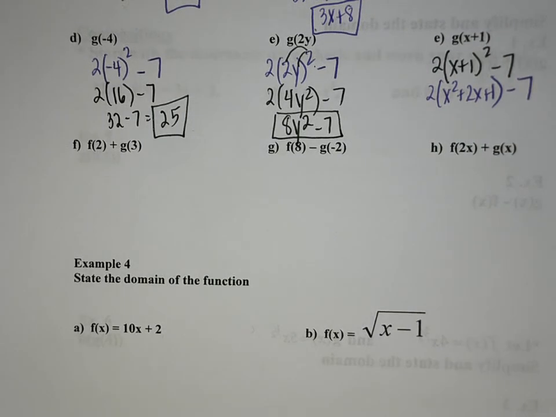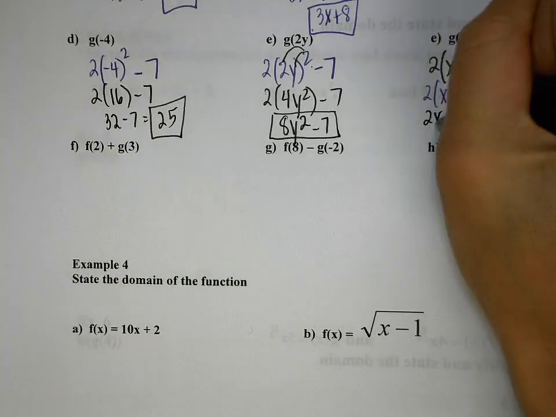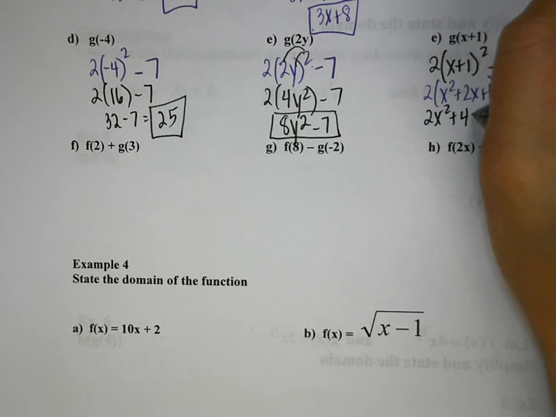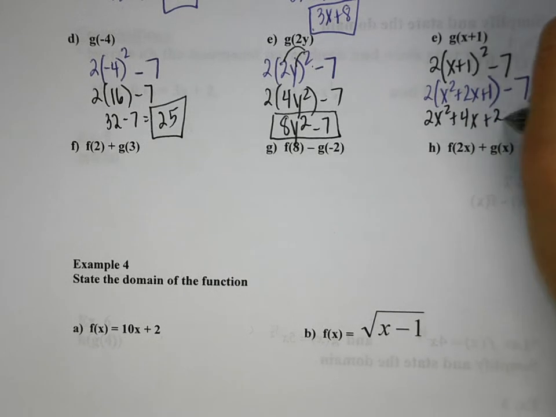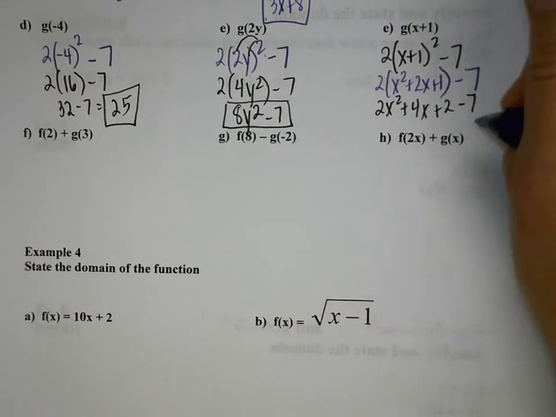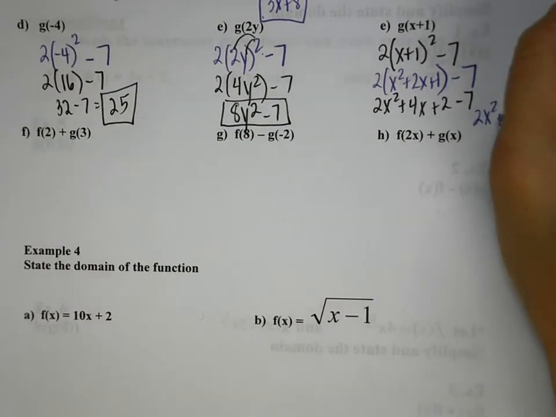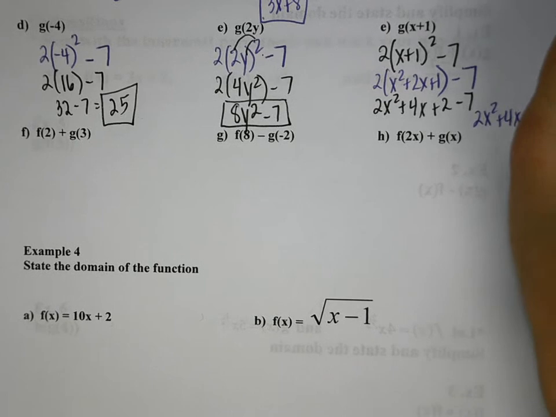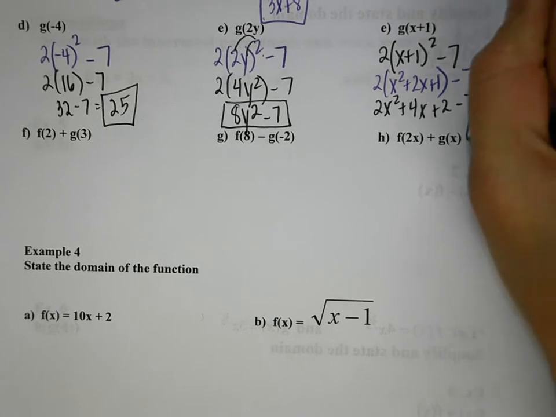And next we will distribute. So we have 2x squared plus 4x plus 2 and then minus 7. And we simplify, combine like terms, and we end our answer with 2x squared plus 4x minus 5.